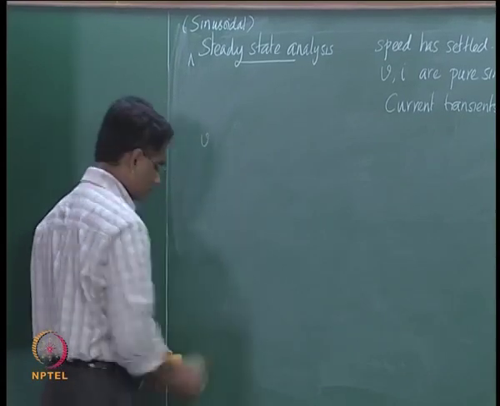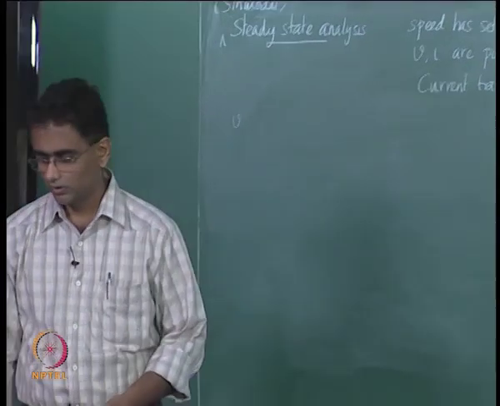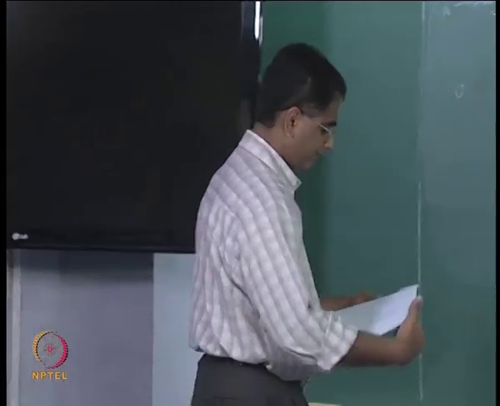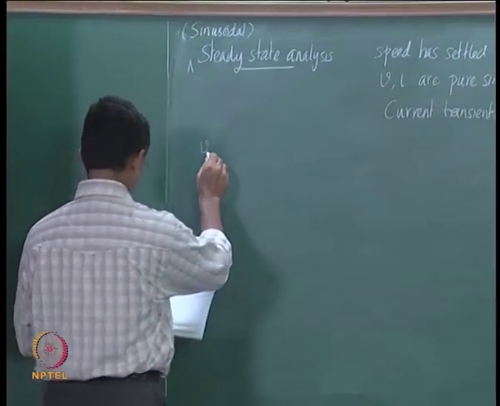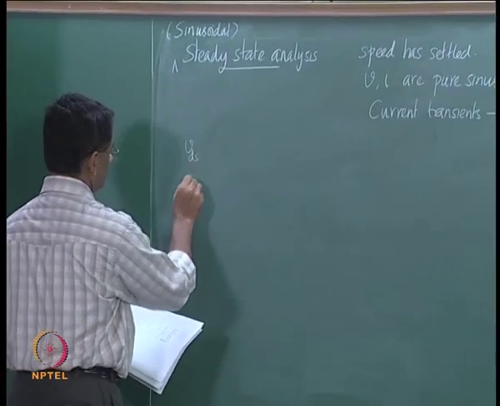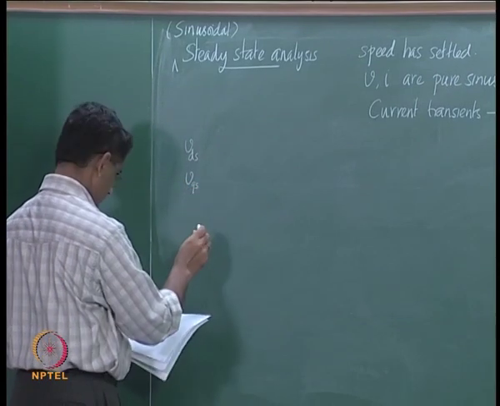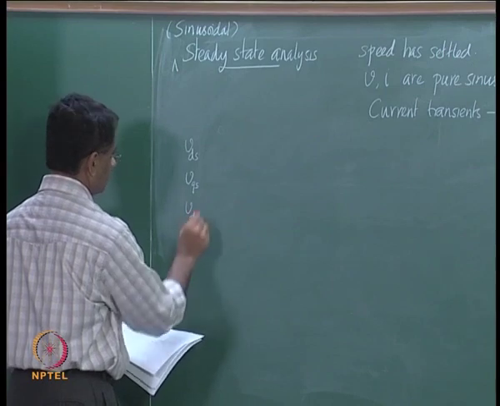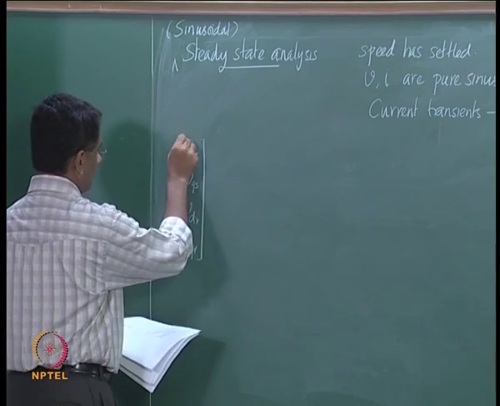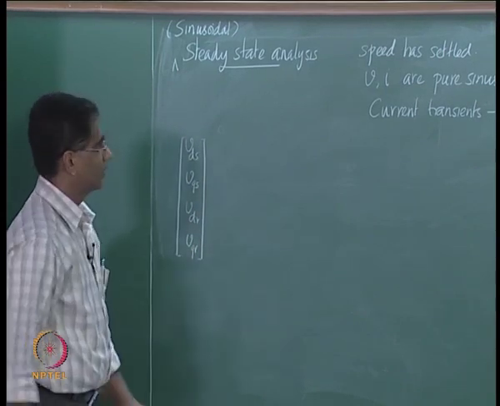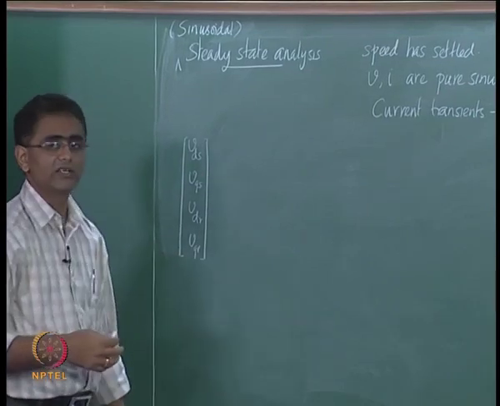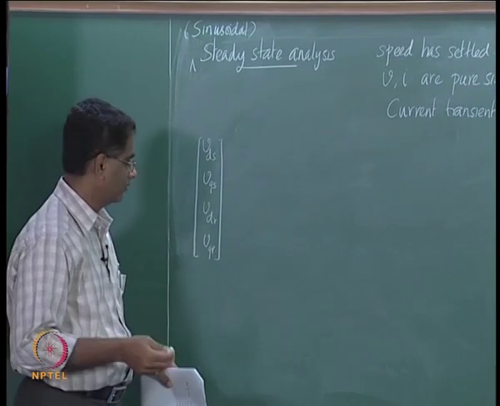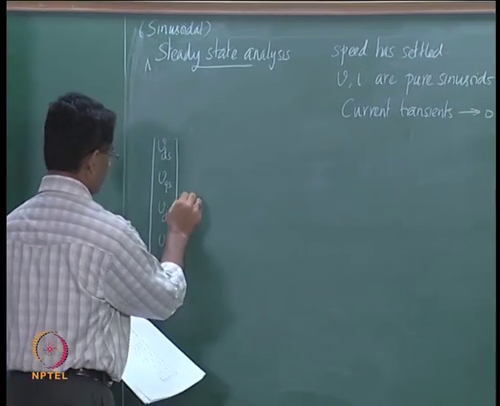So let me write down the equations in the synchronous reference frame. You have VDS, VQS, VDR and VQR. Remember that when we are using a balanced excitation, 0 sequence is absent, and therefore we need not really represent the 0 sequence.